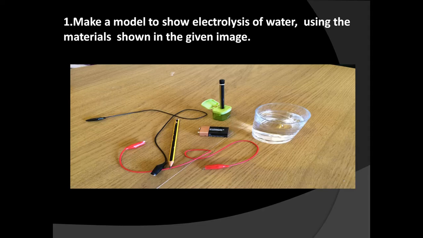Try to take any transparent glass, plastic glass, or any transparent cup, and come on, get ready and try to make the model to show electrolysis of water. One example I have already shown you in the video.